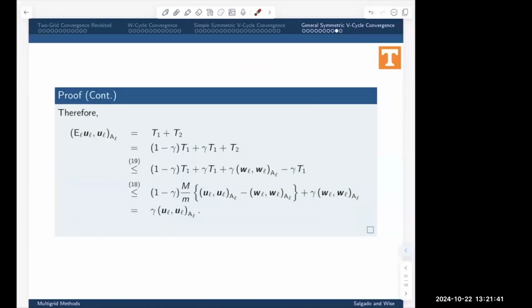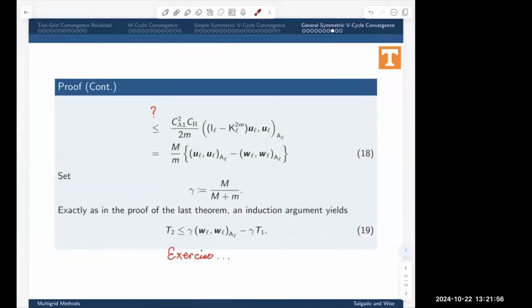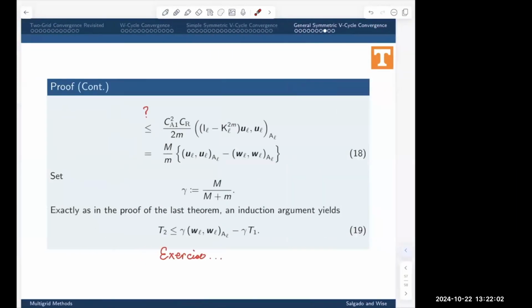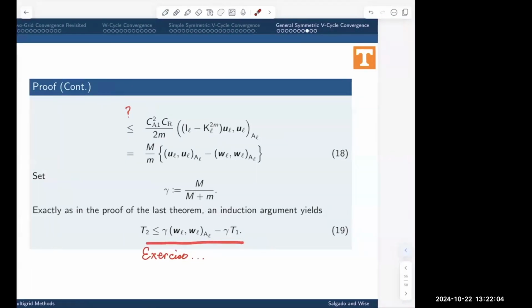Okay, so if that's true, then we know that that's just T1 plus T2. We're going to split T1 into 1 minus gamma T1 and gamma T1 plus T2. We're going to use our 19, which is this guy, to replace T2 by that object there.